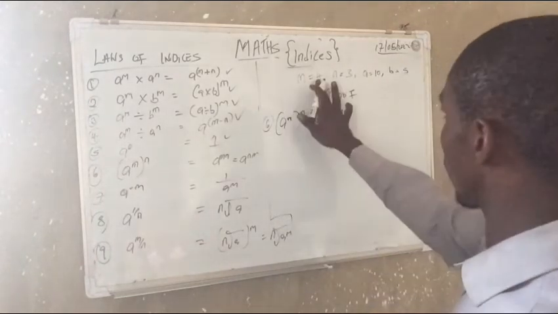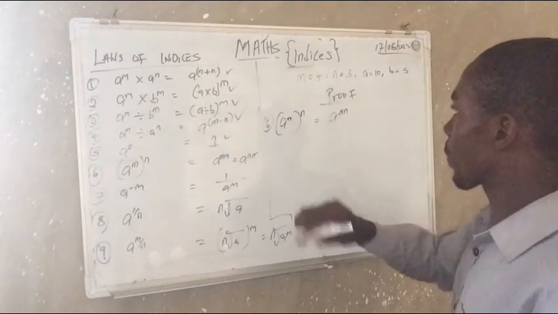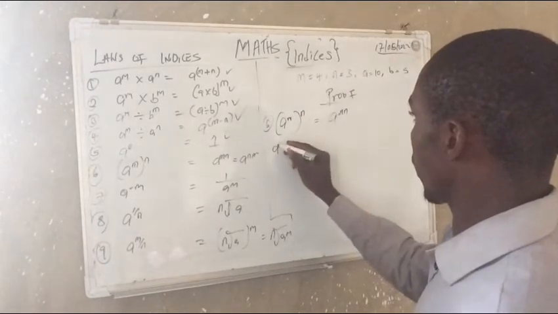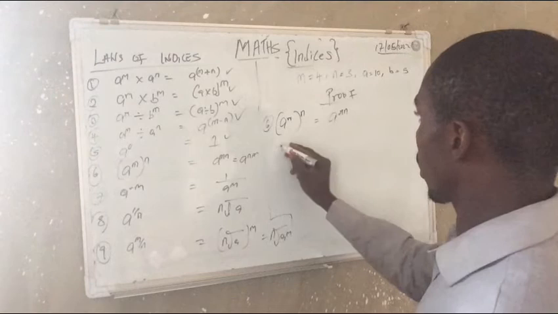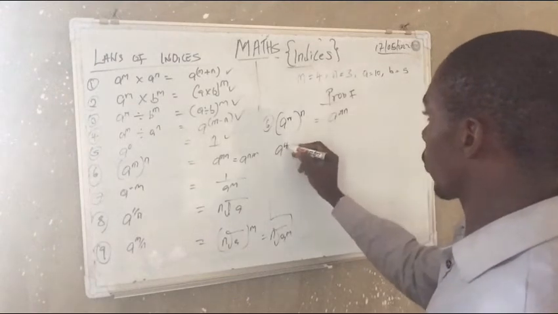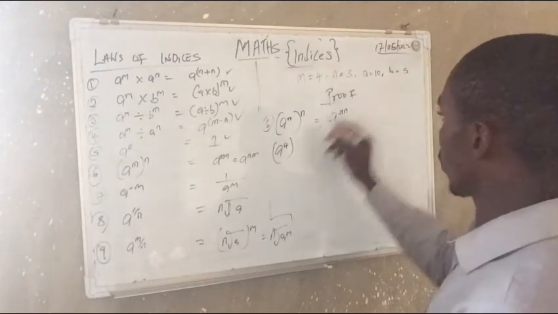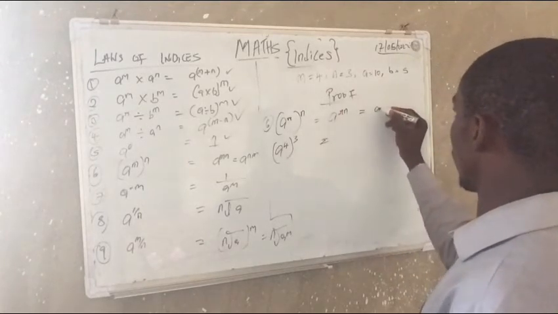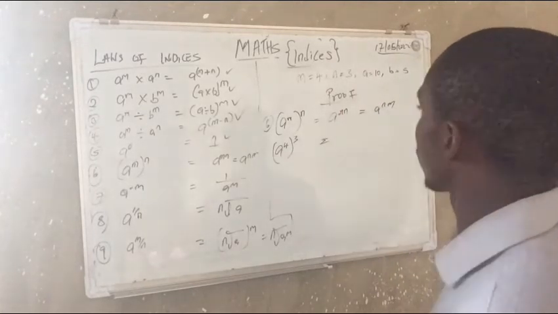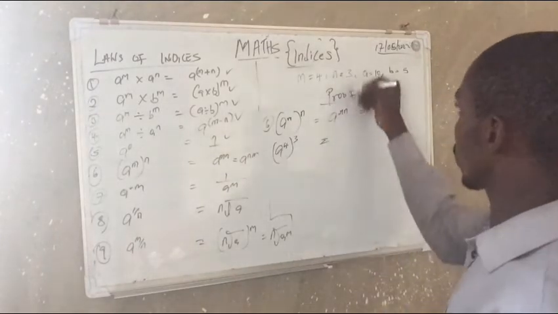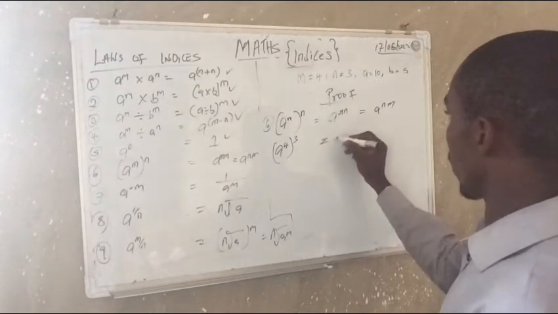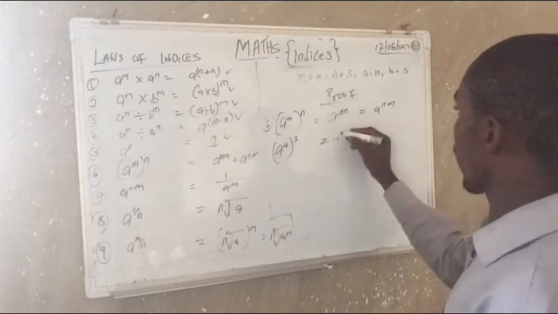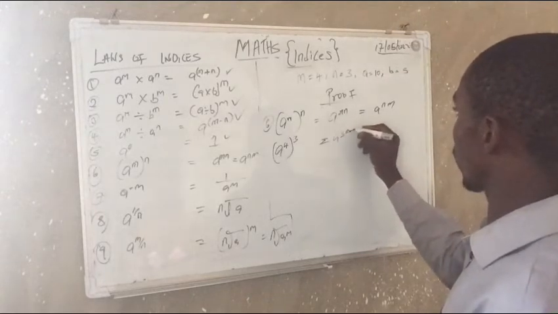Now, remember that our m is what? Our m is 4. Our n is 3. So this is equal to a raised to the power 3 times 4.